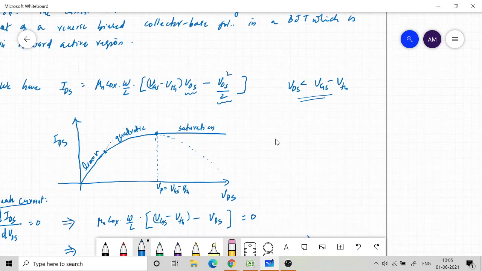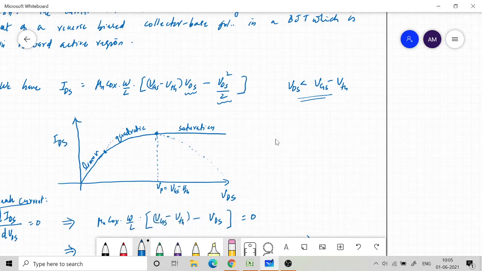So this is basically an ideal curve. We have not taken into account the reduction in the length of the channel due to the increased value of VDS, but we need to now take that into account also.